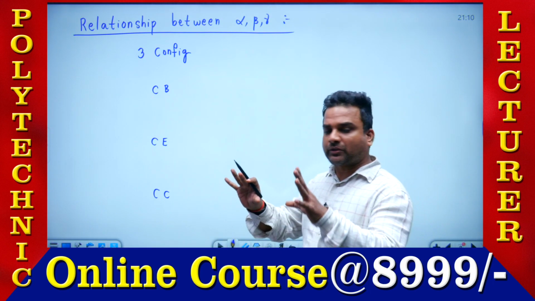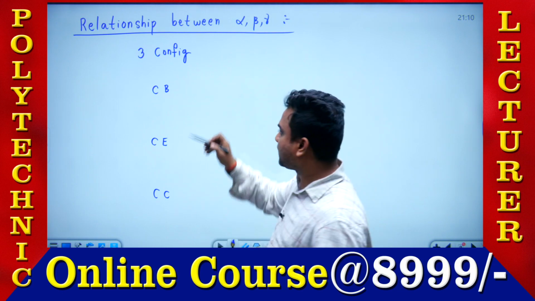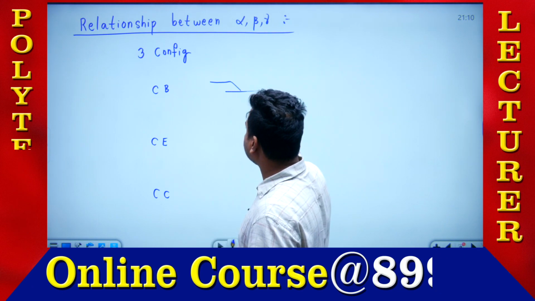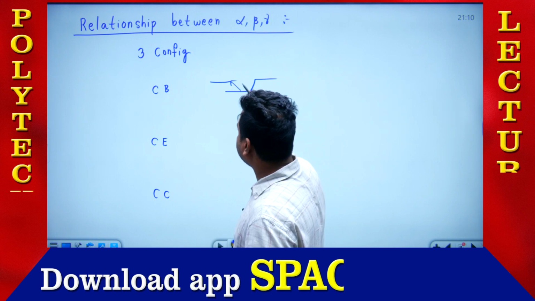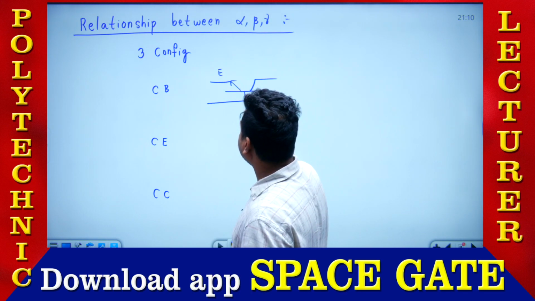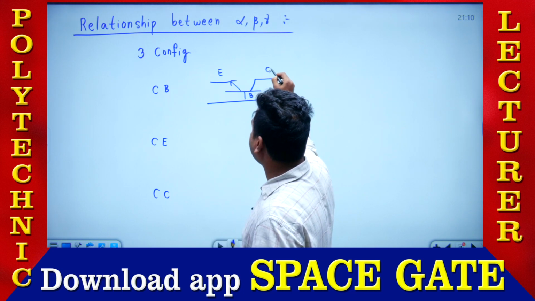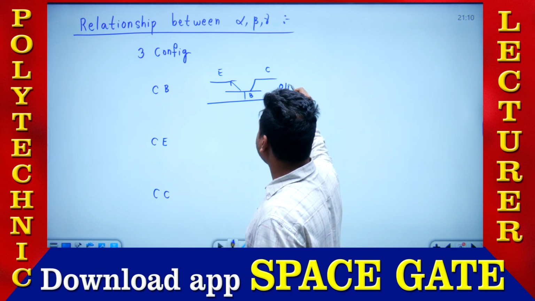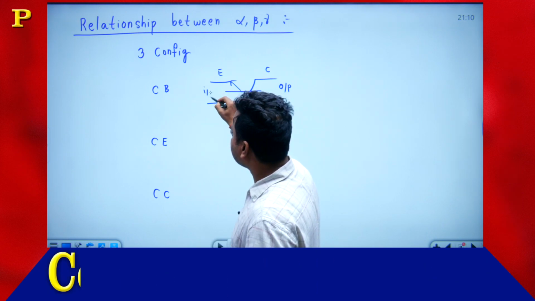So the same common base configuration looks in this way guys, where the emitter is input, base is common to input and output, collector is output. This is output, this is input.